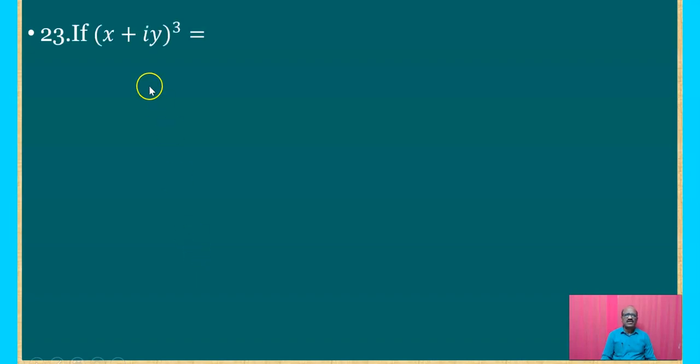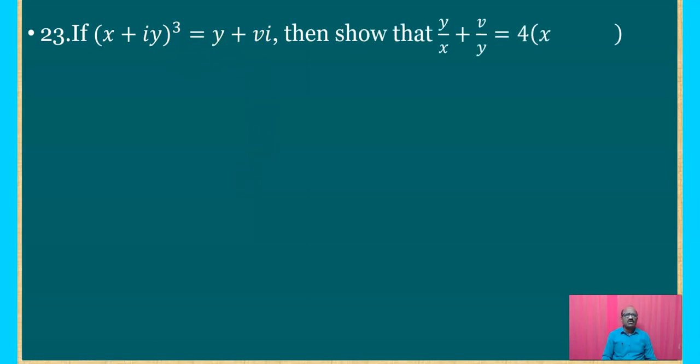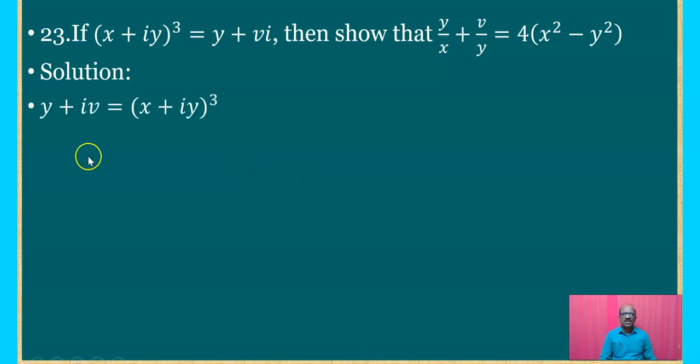Question number 23. If (x plus iy) bracket cube is equal to u plus iv, then show that u upon x plus v upon y is equal to 4 in bracket (x square minus y square). See this here, the solution. u plus iv is equal to (x plus iy) bracket cube.